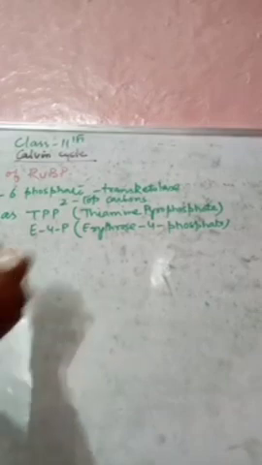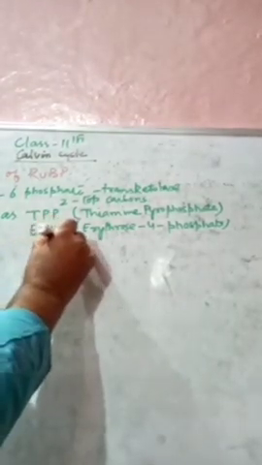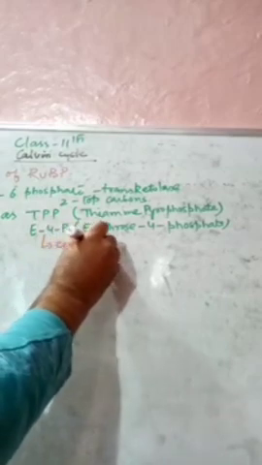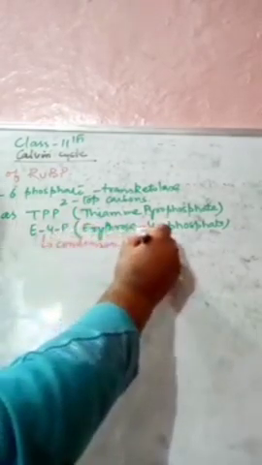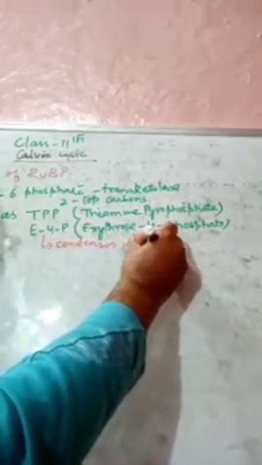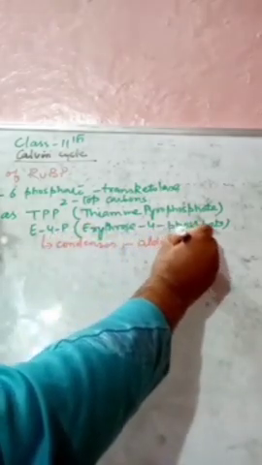Now this erythrose 4-phosphate undergoes condensation by one more reaction that is called the aldolase reaction.